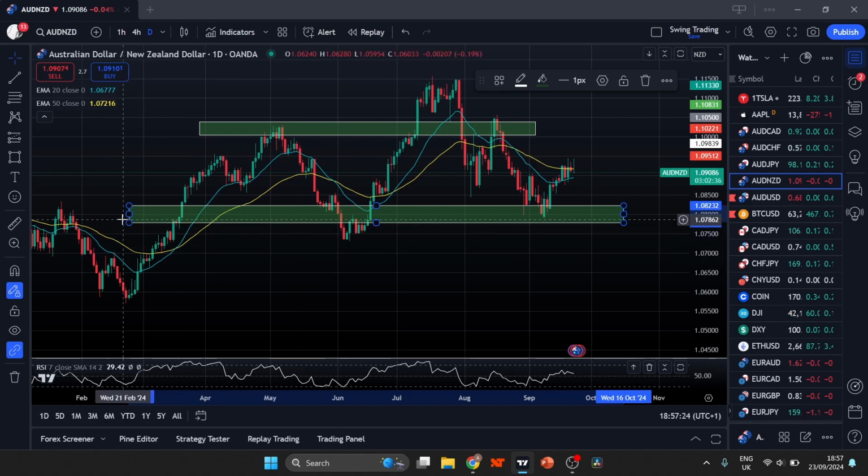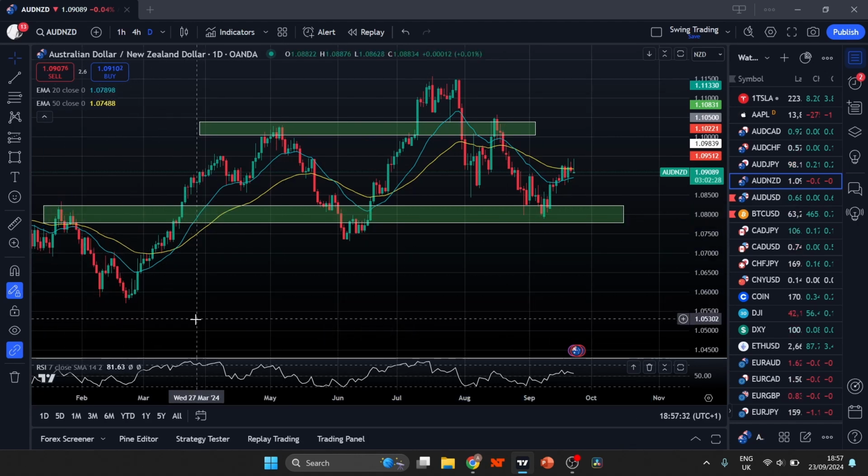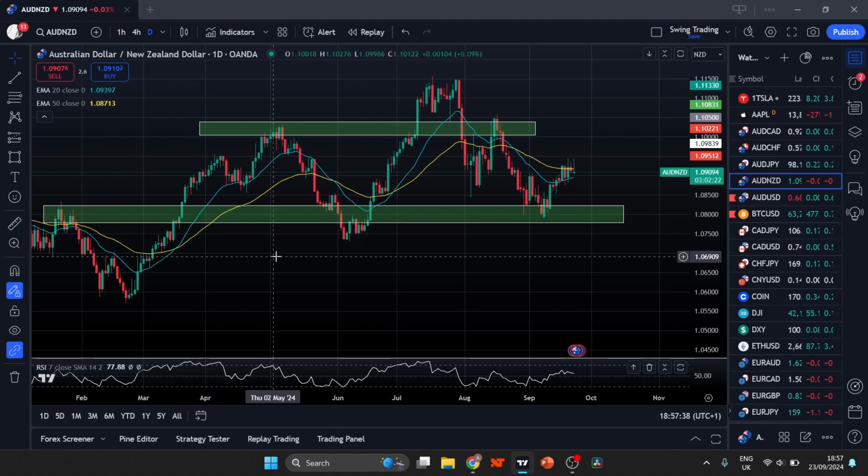So if I take this even further, there we go. So looking at 3 touches again, we have 1. I would class this as 2, 3, 4.